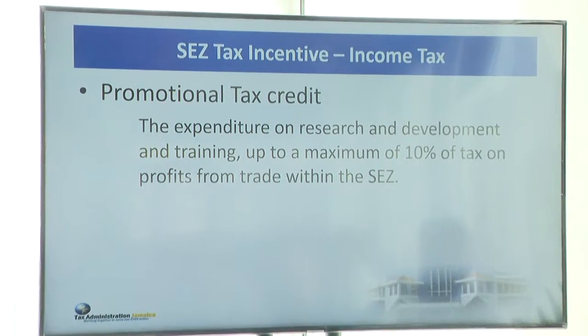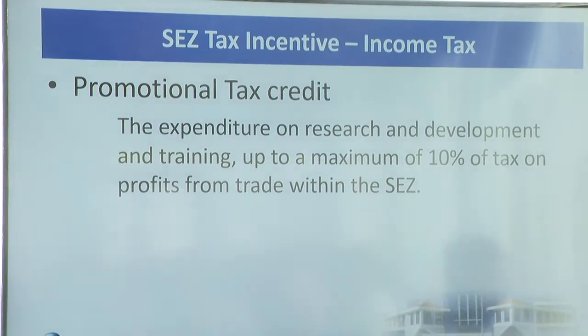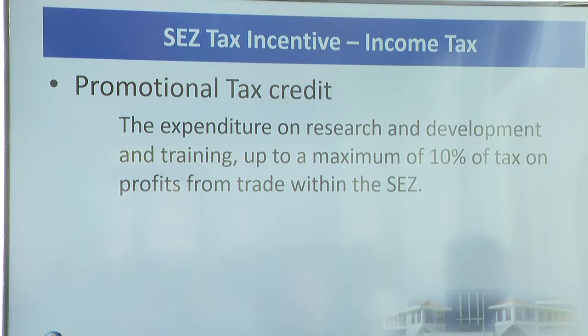So that was the employment tax credit. We have the promotional tax credit. This is where we look at the comparison. What is in the legislation currently is that where you incurred research and development expenditure and training expenditure, the sum of those, you can get up to a maximum of 10% of the tax credit on the profit. This is not written properly, unfortunately.